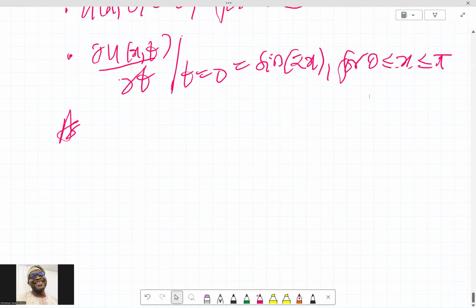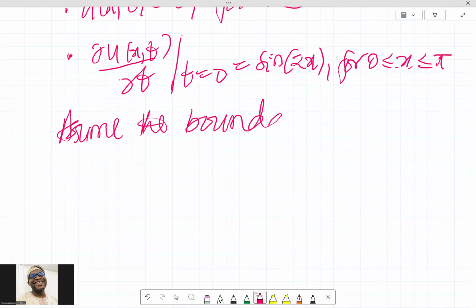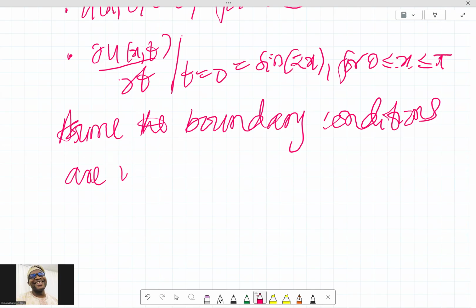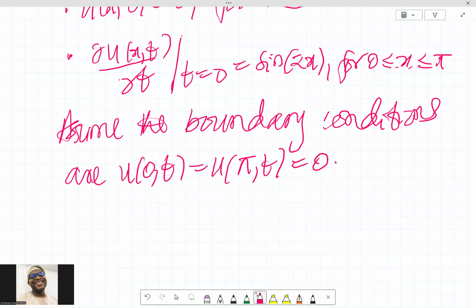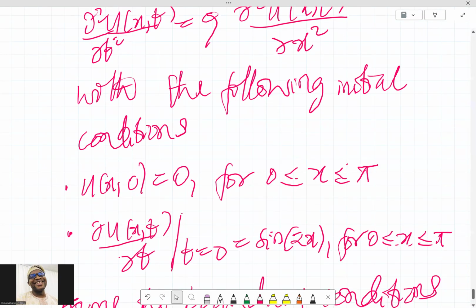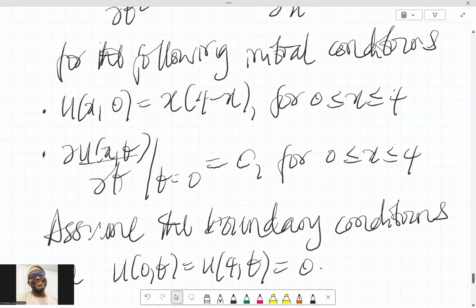So assume the boundary conditions are u of 0 comma t equals u of pi comma t, and that is equal to 0. So that's what we have for this.